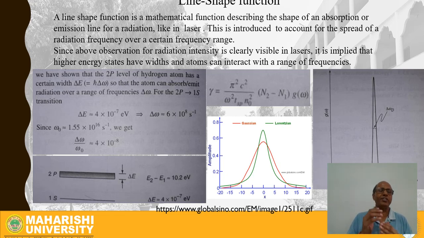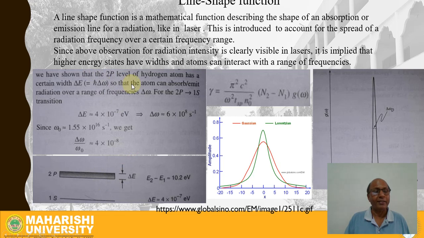That means the energy has a certain range there at the higher states. The example is the 2p level of hydrogen atom. It has a certain energy width delta E, which is equal to h cross delta omega, that is the E2 minus E1 for that particular level, for the 2p level.